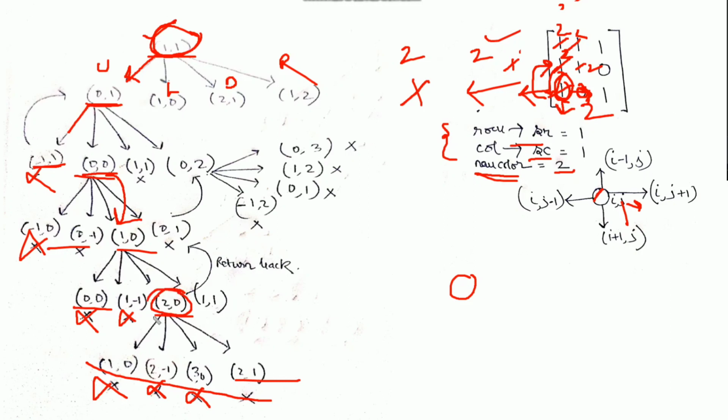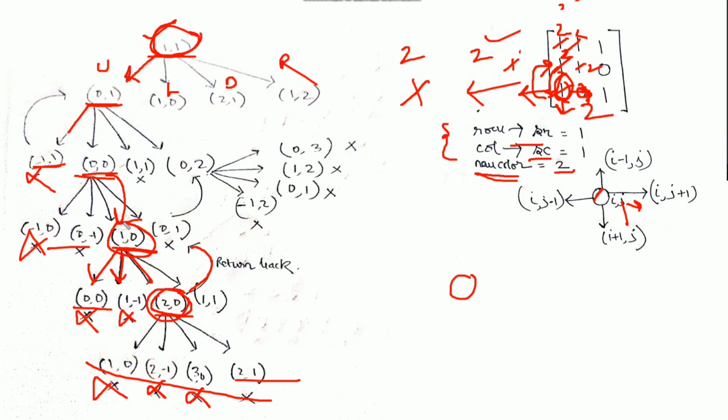The caller of 2 comma 0, if we see in the recursive tree, is 1 comma 0. So we will return back to 1 comma 0. Now from 1 comma 0, we will find any unvisited location. 1 comma 0 is already visited.